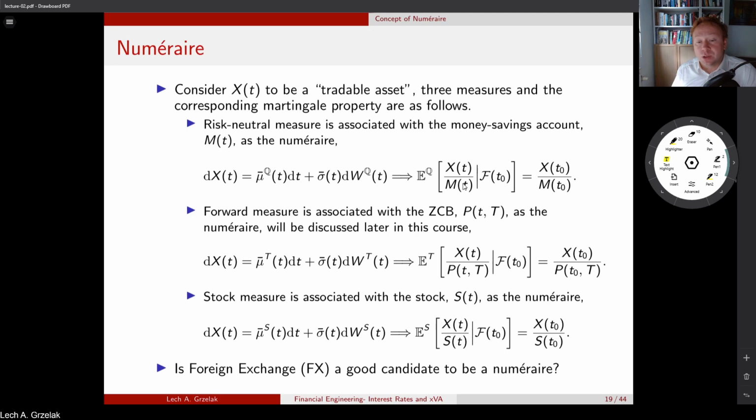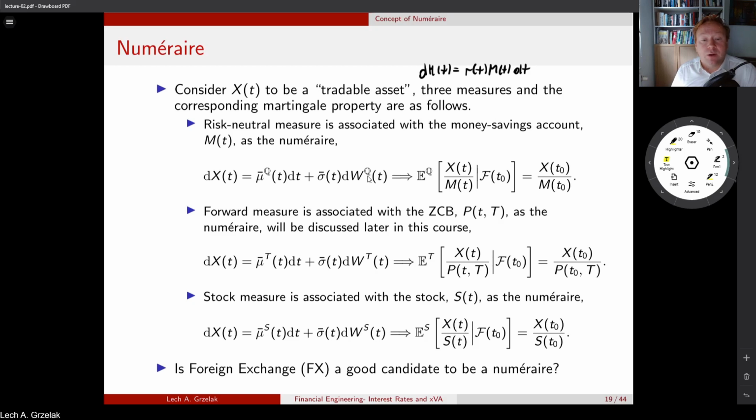In the first case, which is the most common, especially for stocks, the numeraire is the money savings account, M(t), defined by dM(t) = r(t) M(t) dt. That's typically called the risk-neutral measure. So once we talk about the risk-neutral measure, the numeraire associated with it is a money savings account defined in that way.